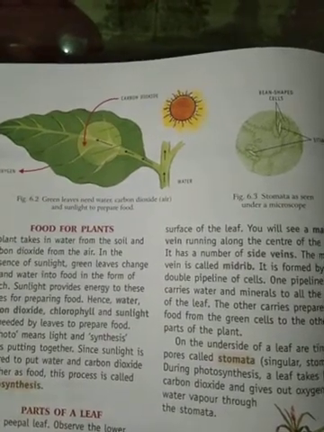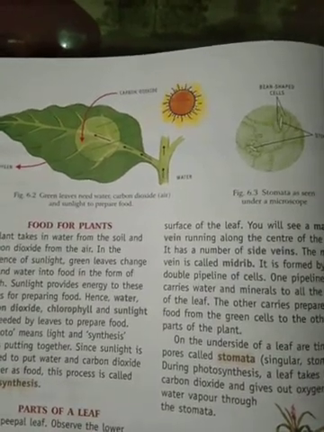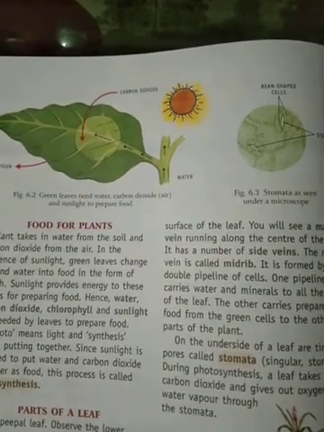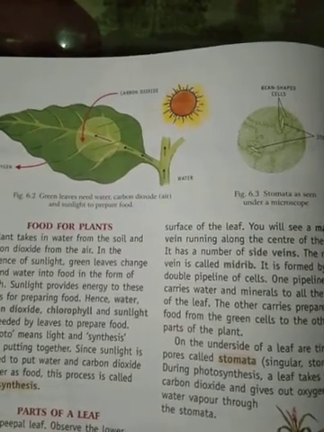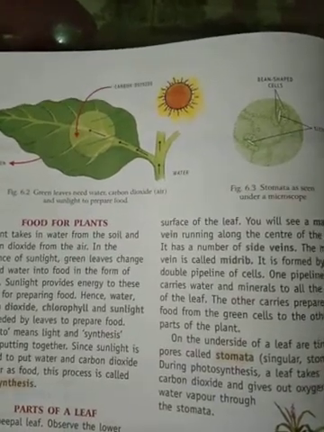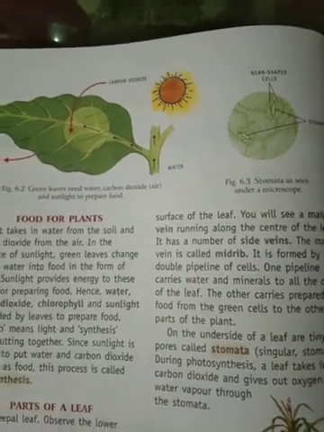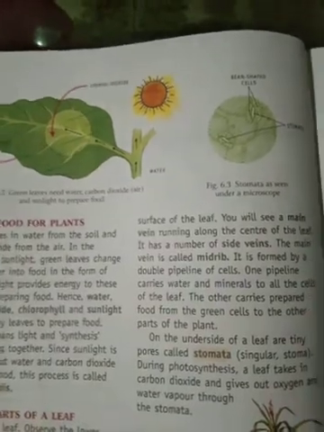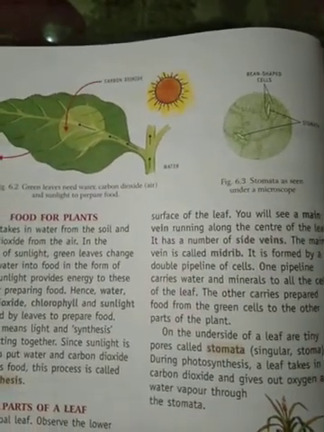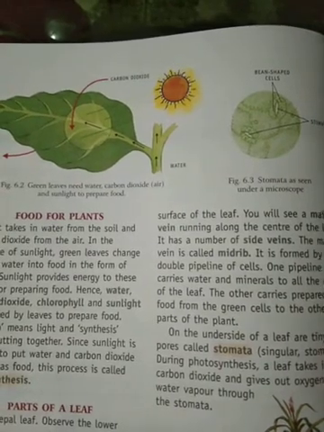That water will be transported throughout the stem via some vessels, which we will later come to know are called xylem. So through xylem this water is transported from the root, or you may say from the soil, to the leaf. That means the leaf gets water from the soil.